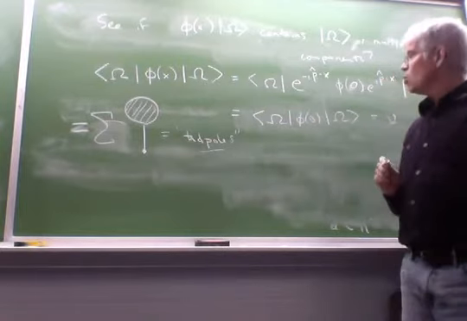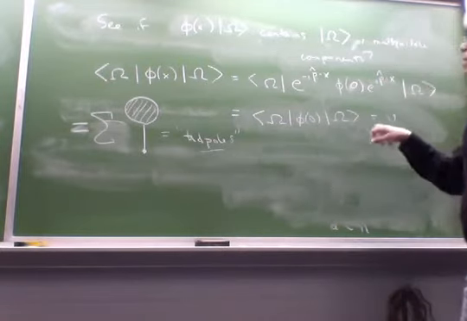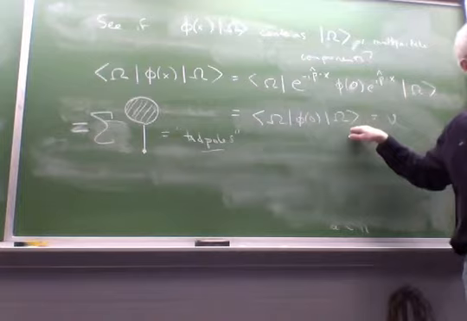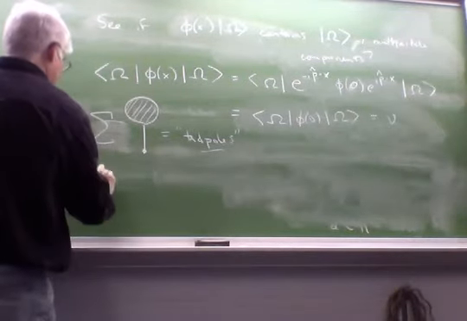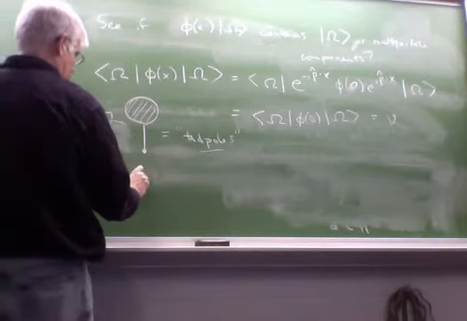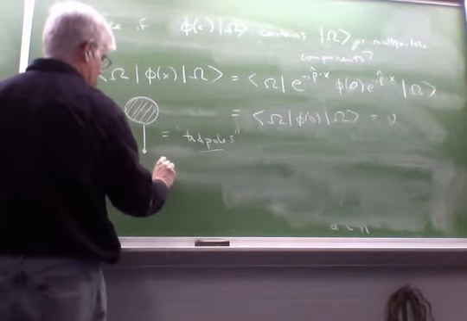So what we can do, if we want this to be zero, is we can always take phi so that this vanishes.